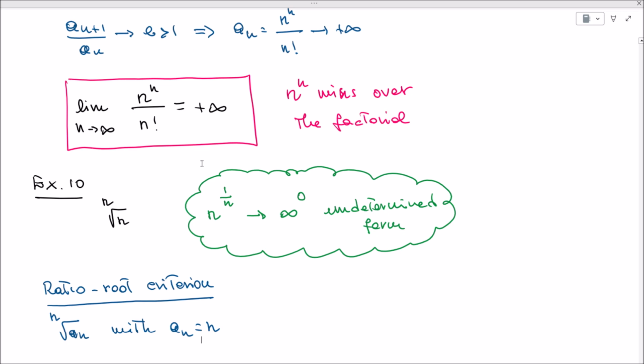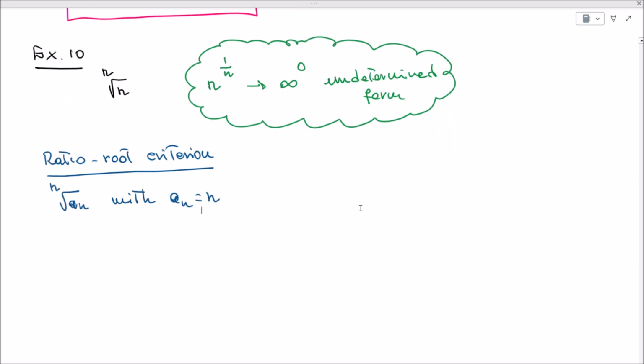So the ratio root criterion says that if we estimate the limit of a_{n+1} divided by a_n, well, that limit is going to be exactly the limit of the nth root of a_n. Now, a_{n+1} divided by a_n is, because a_n is just n, (n+1) divided by n, but of course this will tend to 1.